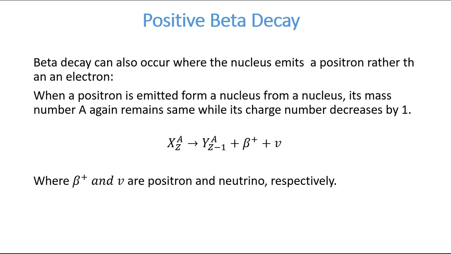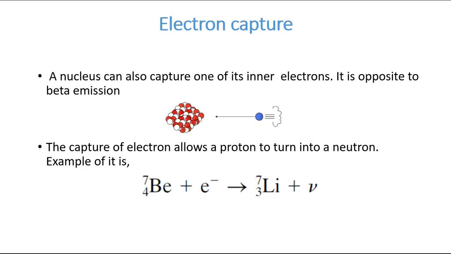The third one is electron capture, in which a nucleus captures one of its inner electrons and absorbs it. It is the opposite of beta emission. The example is in the figure: the parent nucleus captures an electron and is converted into lithium plus a neutrino.